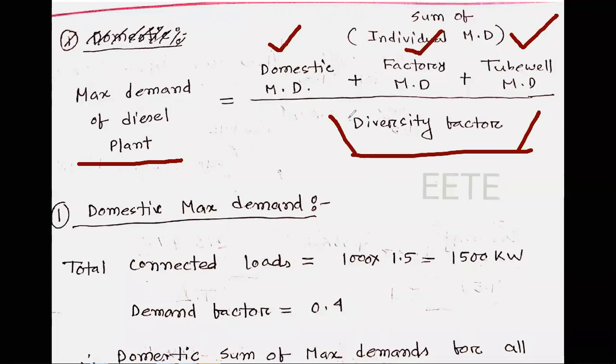If the diversity factor were not given, it would just be the sum of these, but the diversity factor is given in our example. So let's find out everyone's maximum demand.